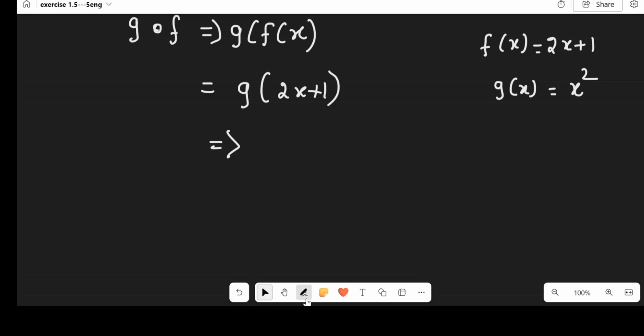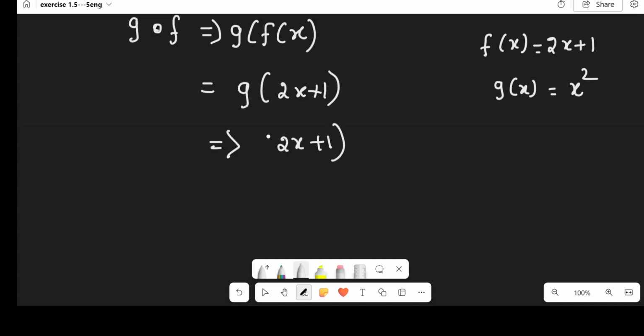So x square, what is x here? 2x plus 1, right? Here the whole square is there, so we should include that also. So this is the answer of g of f. 2x plus 1 the whole square. And we have gotten g of f.